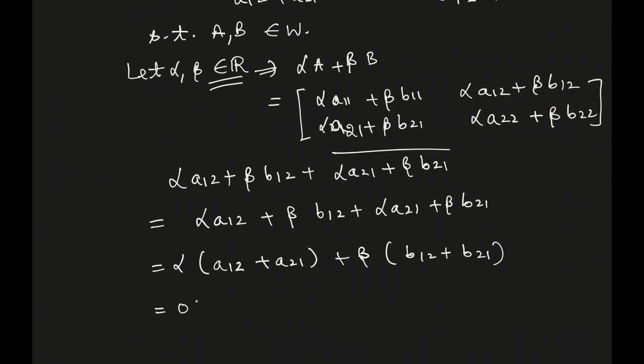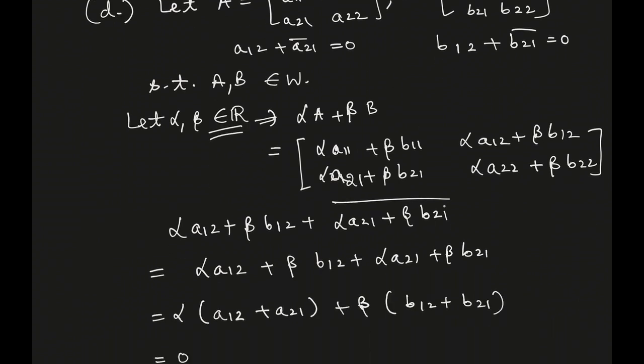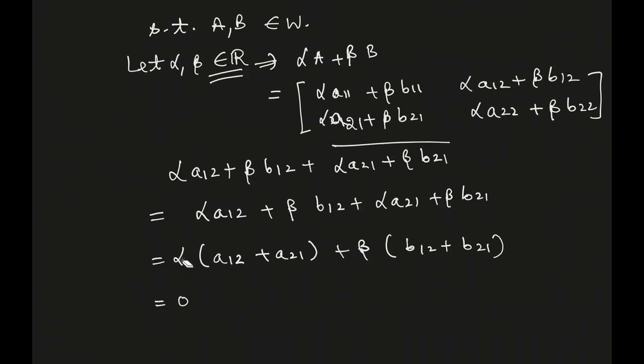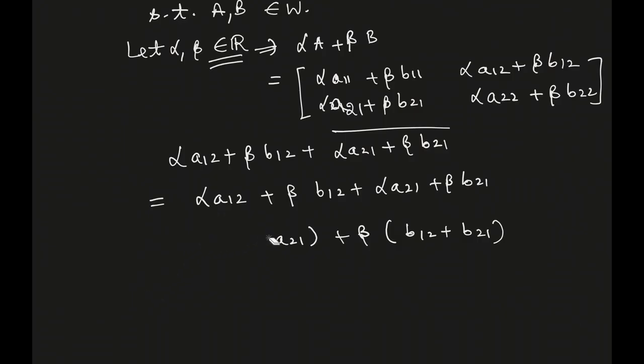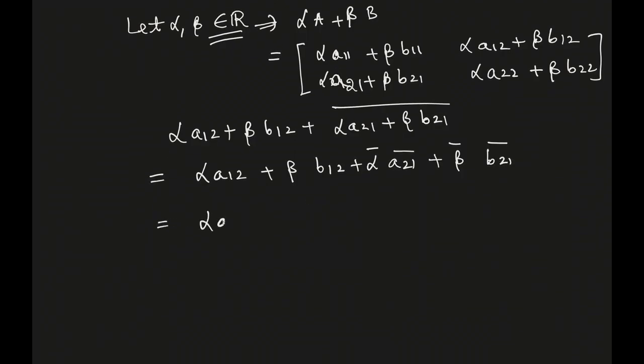This will be 0 only, because here A21 conjugate will be taken. I can break the conjugate: alpha conjugate A21 conjugate plus beta conjugate B21 conjugate. So alpha A12 plus beta B12.